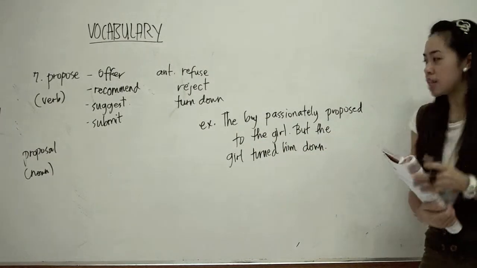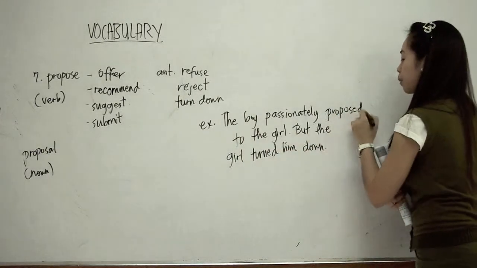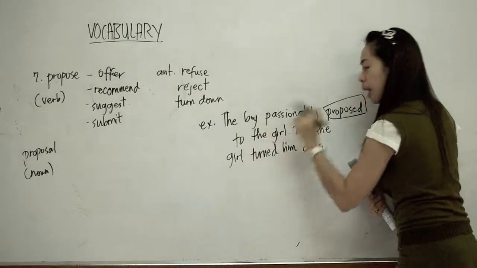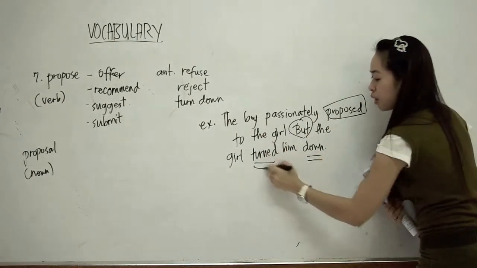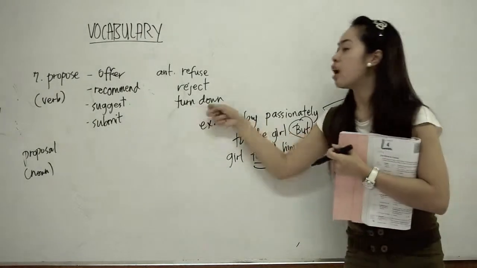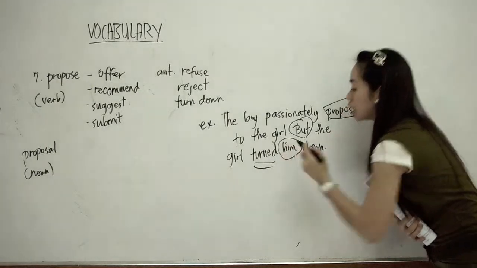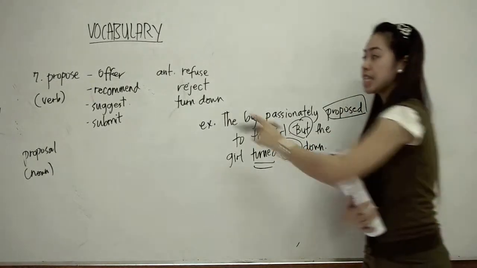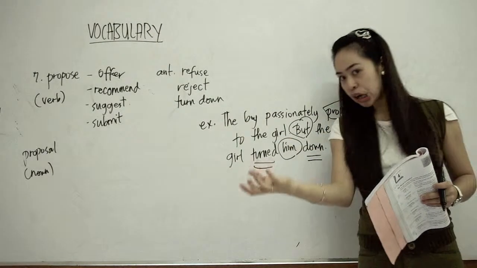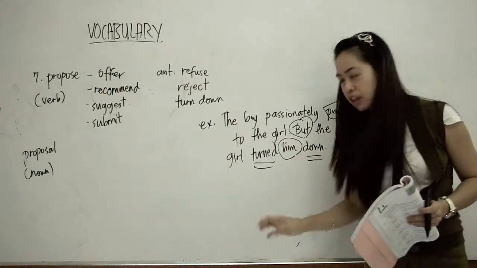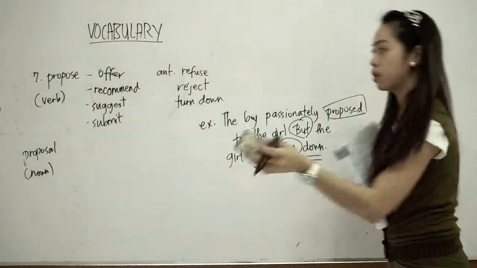If you look at this sentence, it already has a synonym and an antonym. The boy passionately proposed to the girl, but the girl turned him down. Therefore, turn down can be separated like what I did here. You can put the pronoun in the middle. Turn down means reject. So the boy is trying to give or offer something to the girl. However, the girl turned him down. It only means that the girl doesn't like the boy, right? So that is the meaning of the word propose.